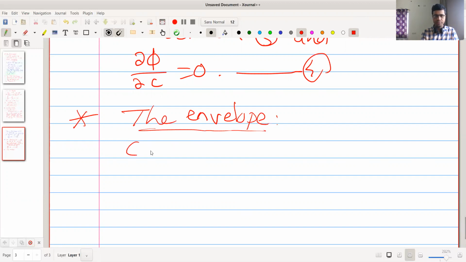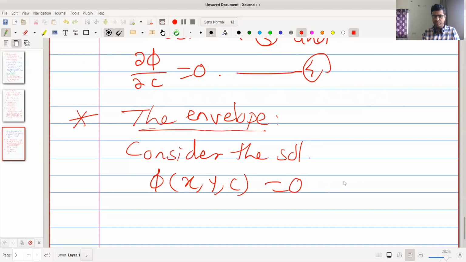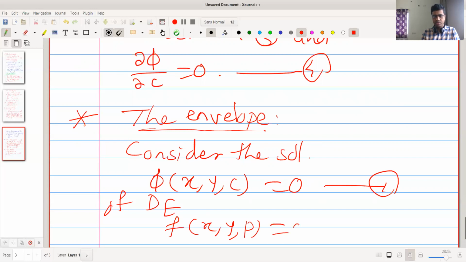So consider the solution phi of x, y, c equal to 0 of differential equation f of x, y, p equal to 0.